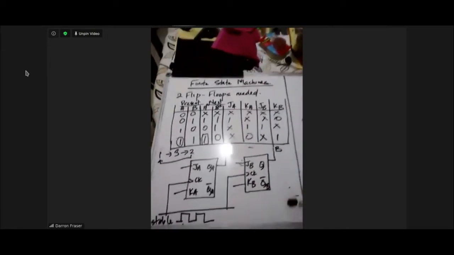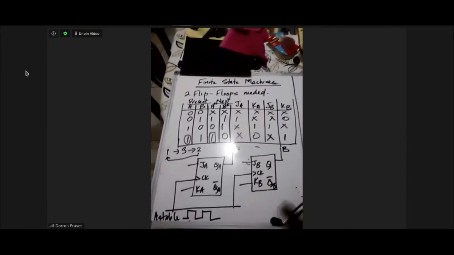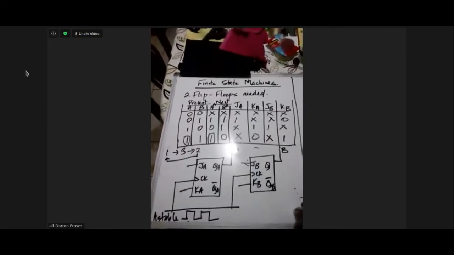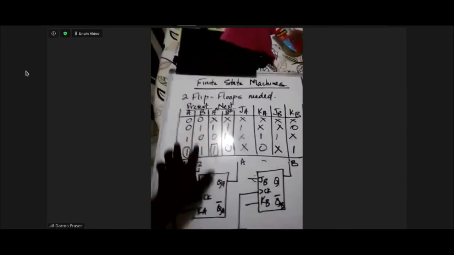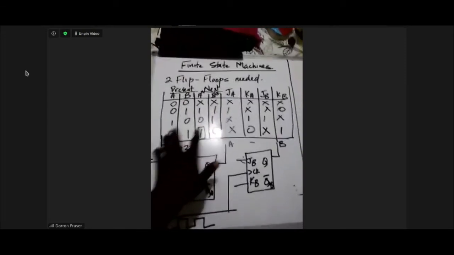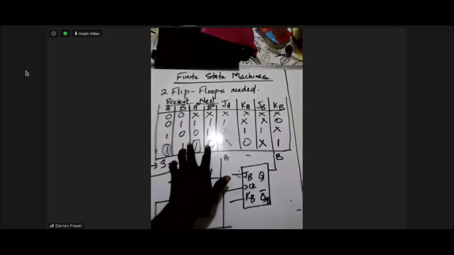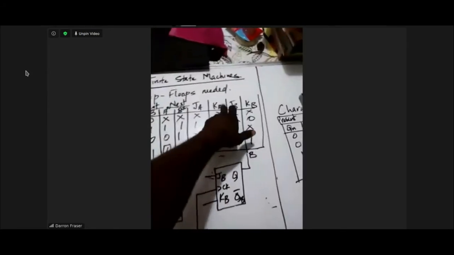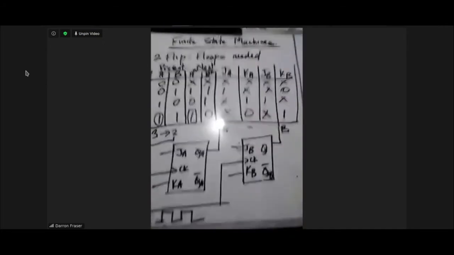All right, so we're going to switch to the next screen now. So just bear in mind the following. Presently, we have this state, and then we have these values for J and K, and what we are going to be doing is simply this now.